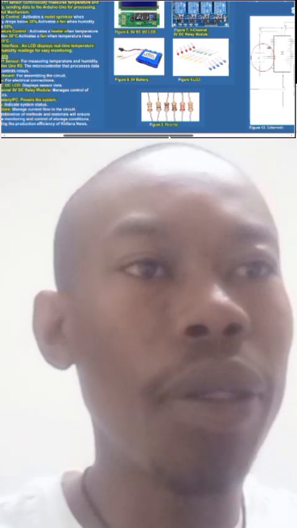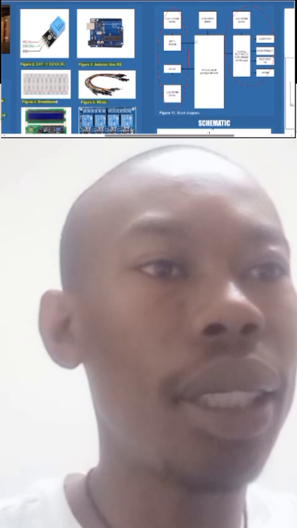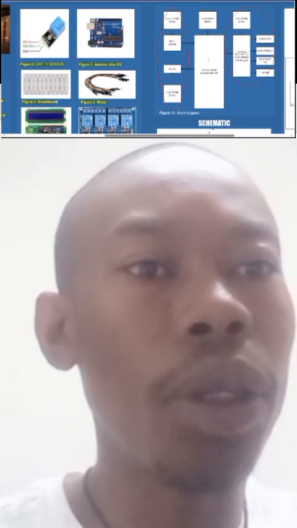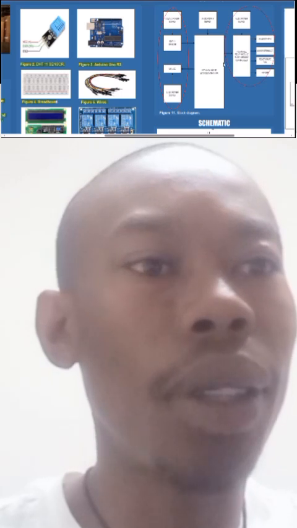Moving forward to the block diagram, this is how we know that our system is going to look and how it's supposed to work.